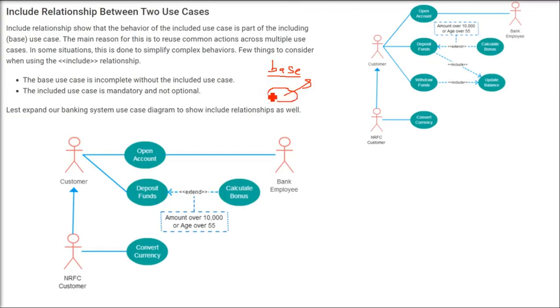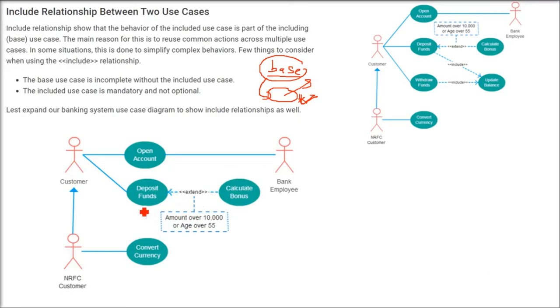You have independently made a function, kept it somewhere, and it will always be called by multiple classes and functions whenever certain things happen. It's not optional. It is mandatory. Let me give you an example. I hope you understood till now. Now we'll add an include relationship.